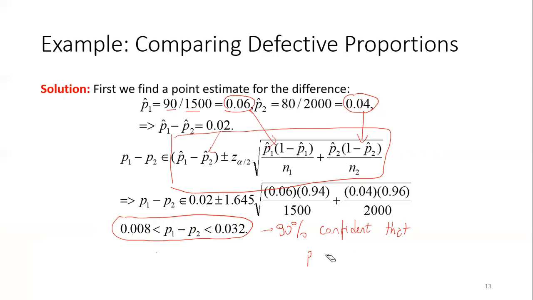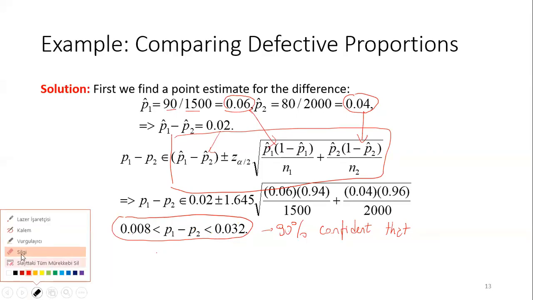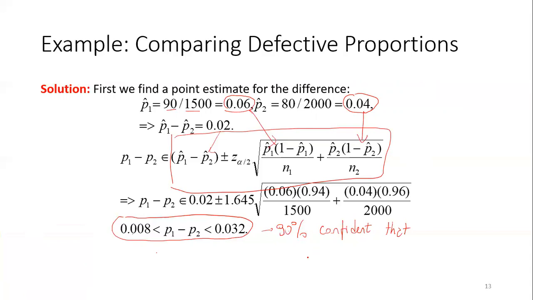I am 90% sure that P1 is greater than P2 plus 0.008. So P2 is the new process and P1 is the old process. So I am 90% sure that P1 is strictly greater than P2, and the difference is at least 0.008. So I can safely say that the new process produces fewer defectives when compared with the old one.